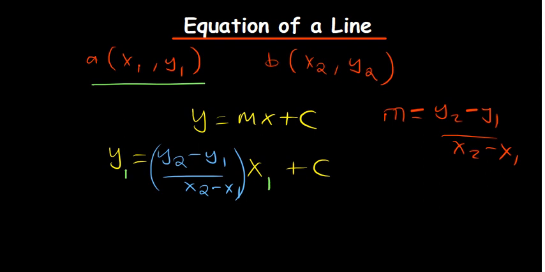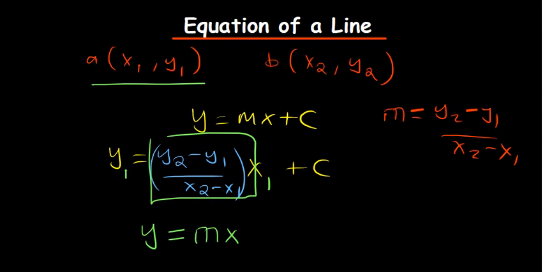We'll then be able to find the value of c. After you find c, you say y is equal to the value of m you calculated, times x, plus the value of c you found. That's one way, using this formula.